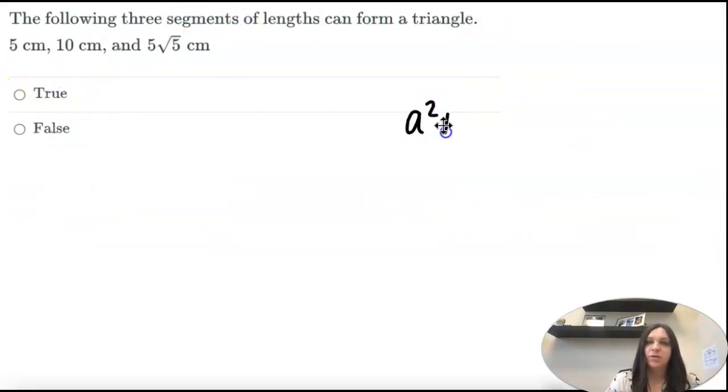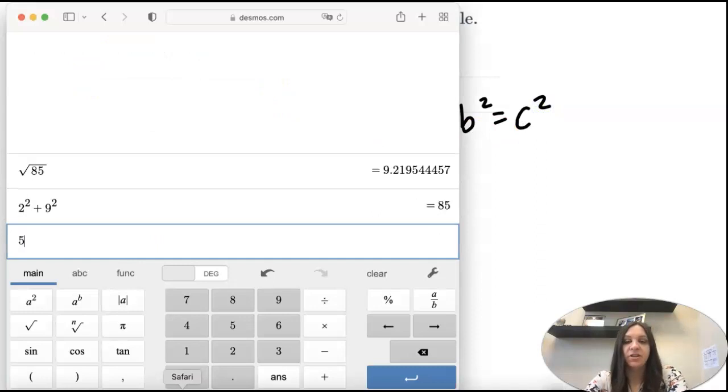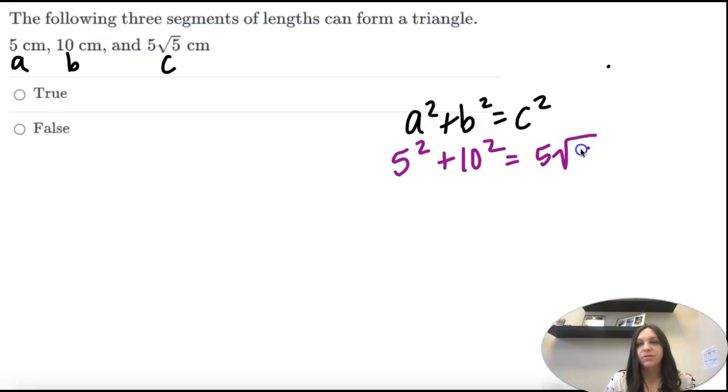So remember, C is our longest side. So we have 5, 10. And then again, if you're not sure, we have 5 square roots of 5, which is 11 point something. So this is our C. That can be B, that can be A. So 5 squared plus 10 squared equals 5 square roots of 5 squared.